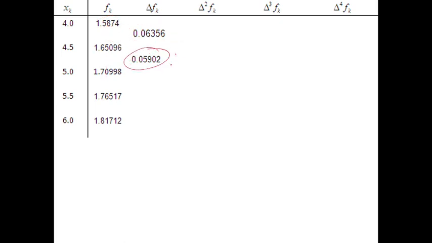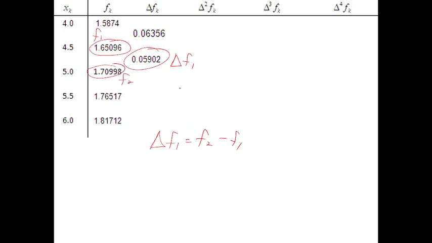This is delta f sub 1, right? Kasi, magsisimula ka ng k0. So, k1. So, delta f sub 1. Ano naman ito? F sub 1. Ano naman to? F sub 2. So, delta f1 is simply f2 minus f1. Okay?